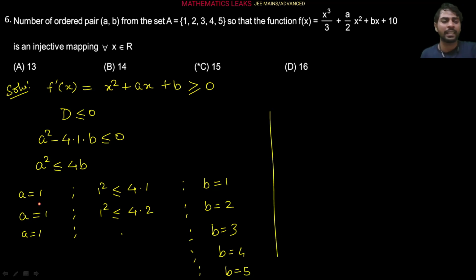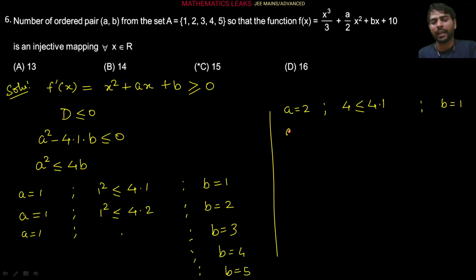Similarly, if a is equal to 2, then 2 square, which is 4, is less than or equal to 4 into b. If b is 1, then 4 into 1 is 4, so 4 equals 4, equality is holding, correct?